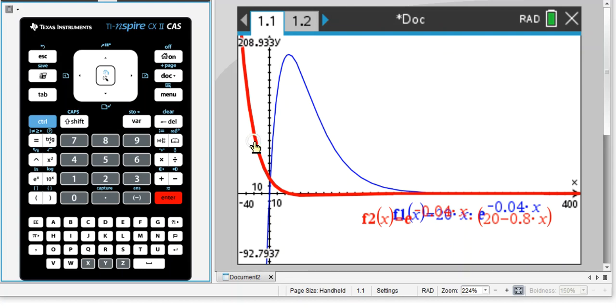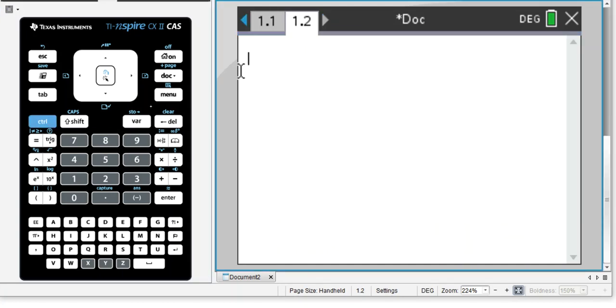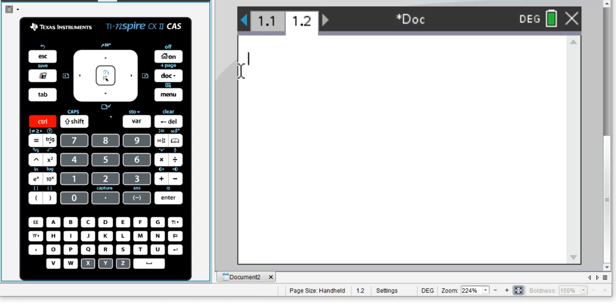Now that graph may not mean a whole lot to you right now, but the reason it's going to be helpful is when I switch back to the calculator page. If I want to execute that function at a particular value, then when I press this variable key, function 1 and function 2 pop up on the screen.